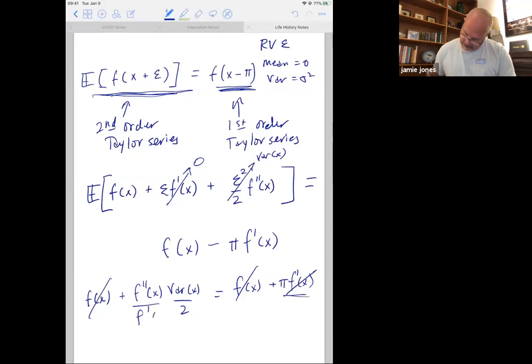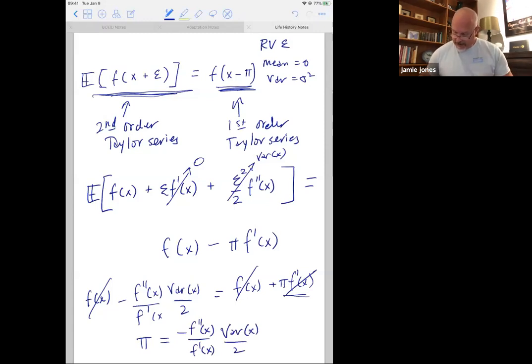F prime of x, and then we'll make that minus. All right, now we can neaten it up a little bit. Pi equals minus f double prime of x over f prime of x times the variance of x over 2.